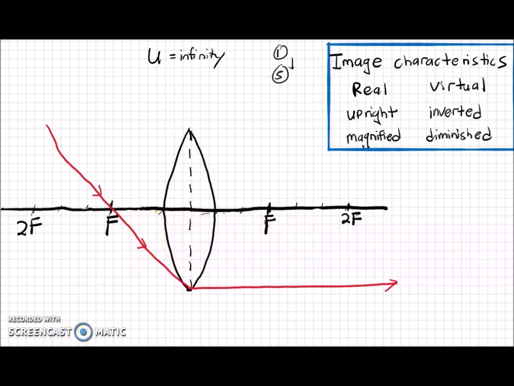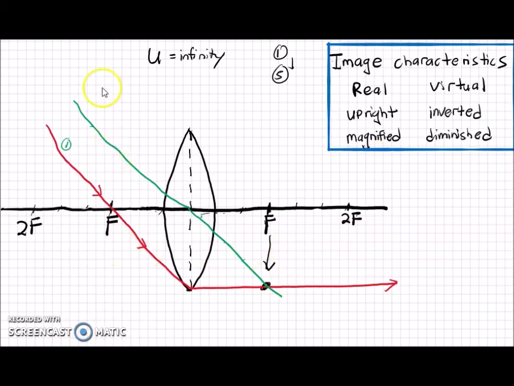And then the other line will be coming parallel to this first ray, and it will be passing through the center of this lens. Then it will be going straight and it will hit here. So this interception, if you notice, will be exactly at the position of F. So we can conclude the image characteristics here.